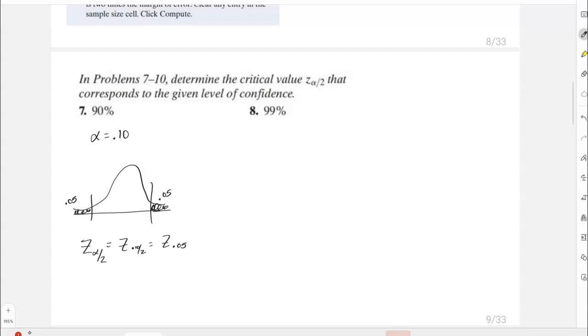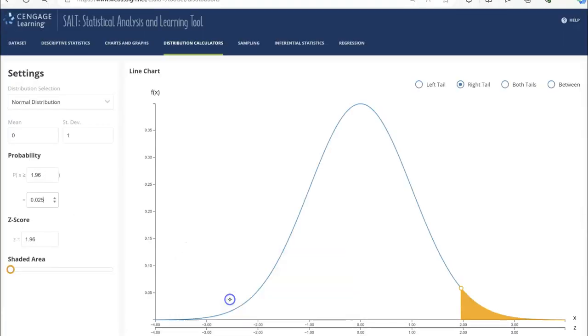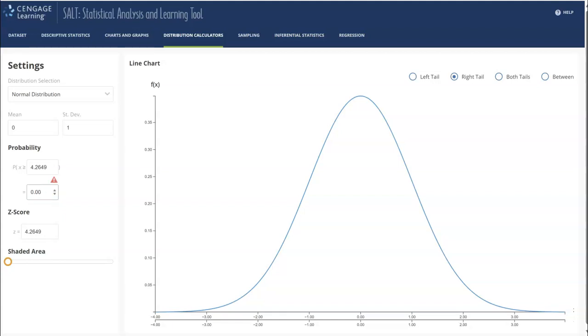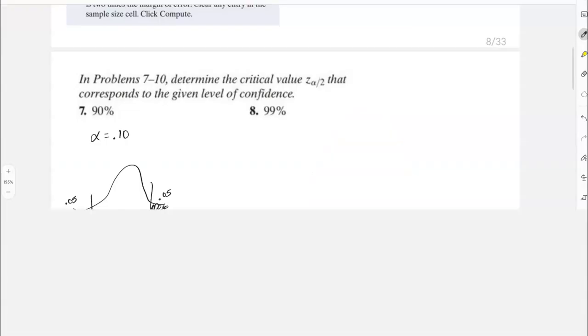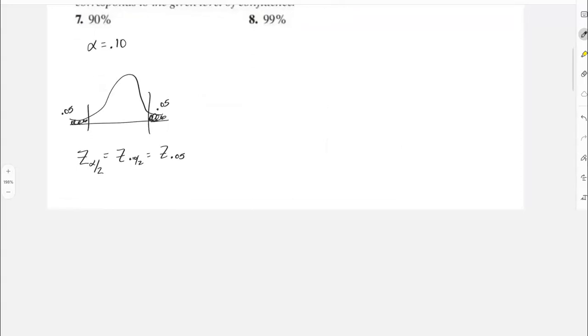And if we use our technology, we're going to get that 1.645 again.